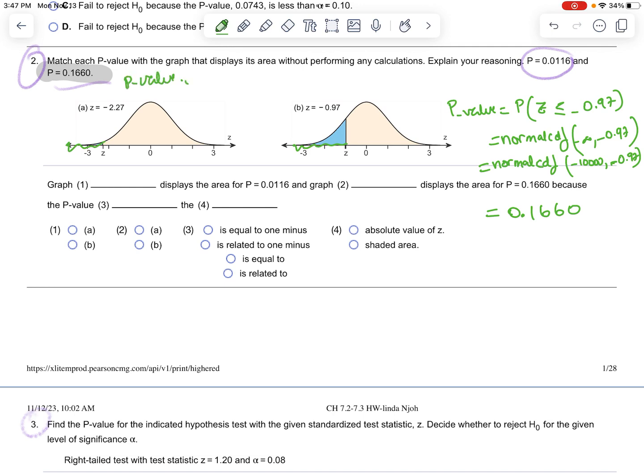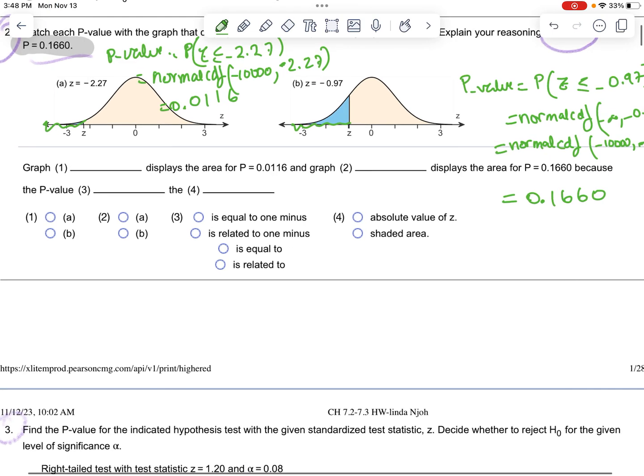The p-value is going to be the probability that z is less than or equal to negative 2.27. So normal CDF, negative 10,000, negative 2.27. This gives me 0.0116.